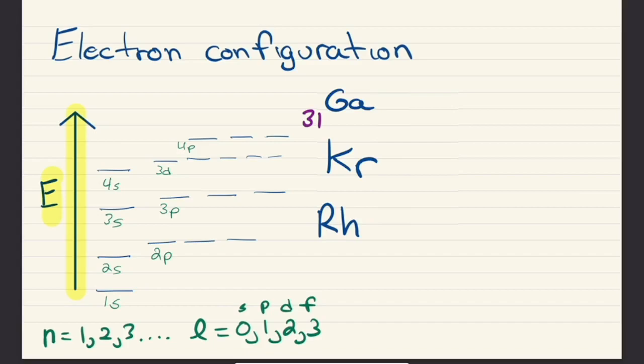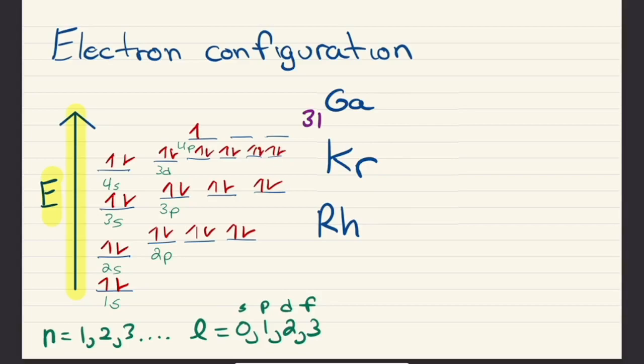Now, if we were to utilize our orbital energy diagram to show those 31 electrons, I'm going to fill this as it should be filled: 1, 2, 3, 4, 5, 6, 7, 8, 9, 10, up through 31.